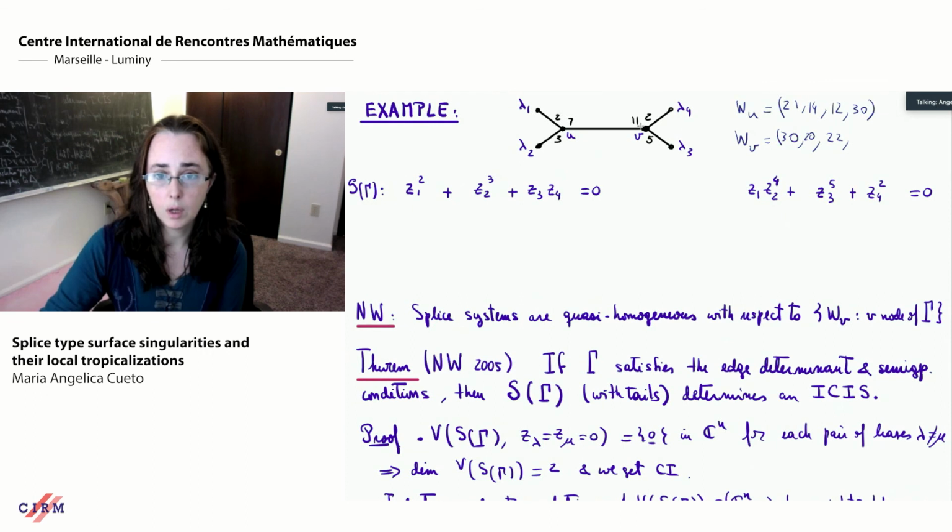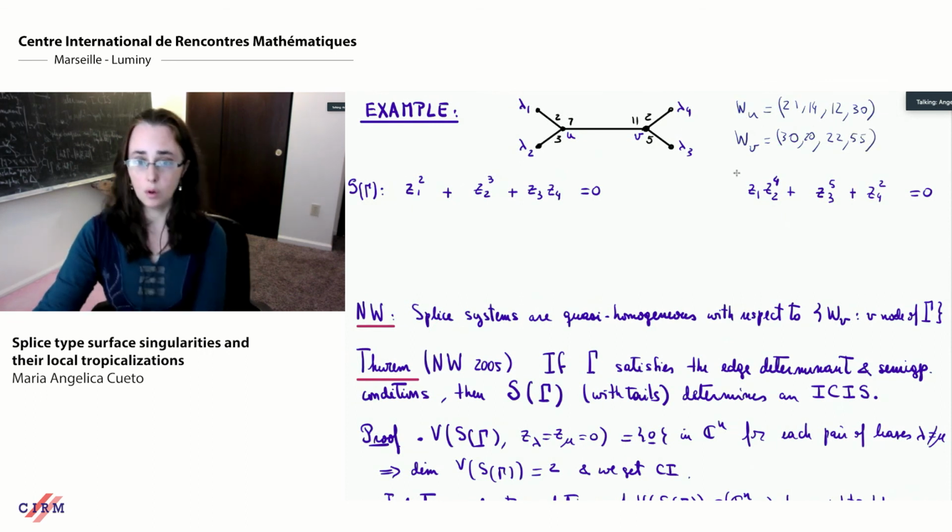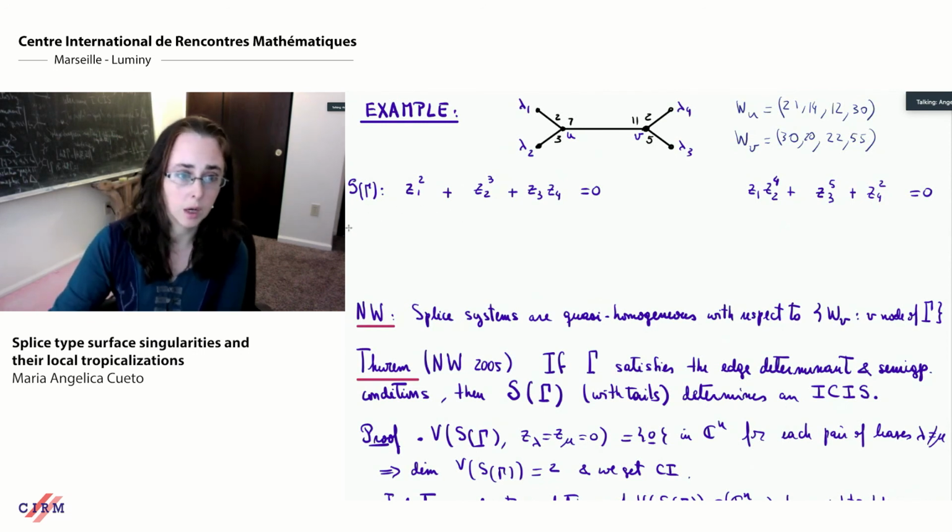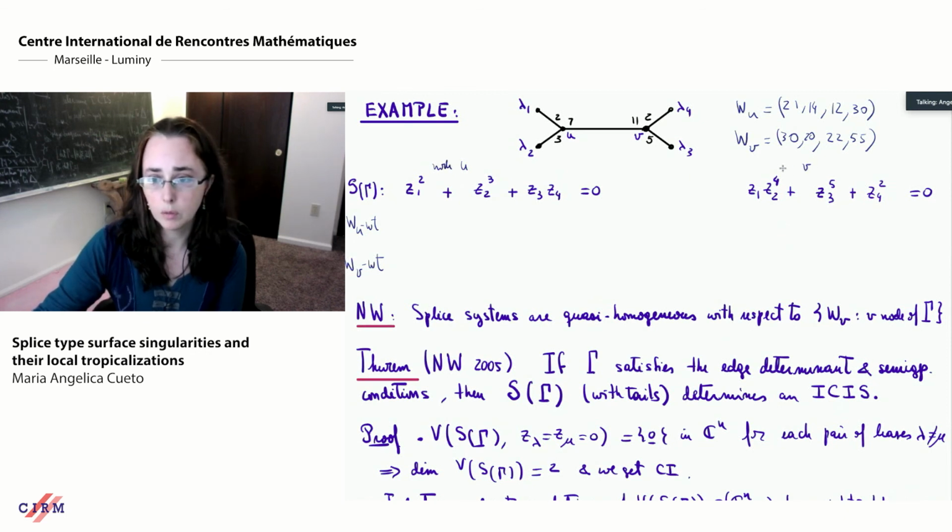And finally, I get 11 times 5, and this is my 55. So these are the two weight vectors that I have to consider. And let me pick one of the two possible systems that I mentioned earlier, and let's compute the WU weight and the WV weight for each one of these equations. So this was the equation coming from the node U, and the second one was the equation coming from the node V.